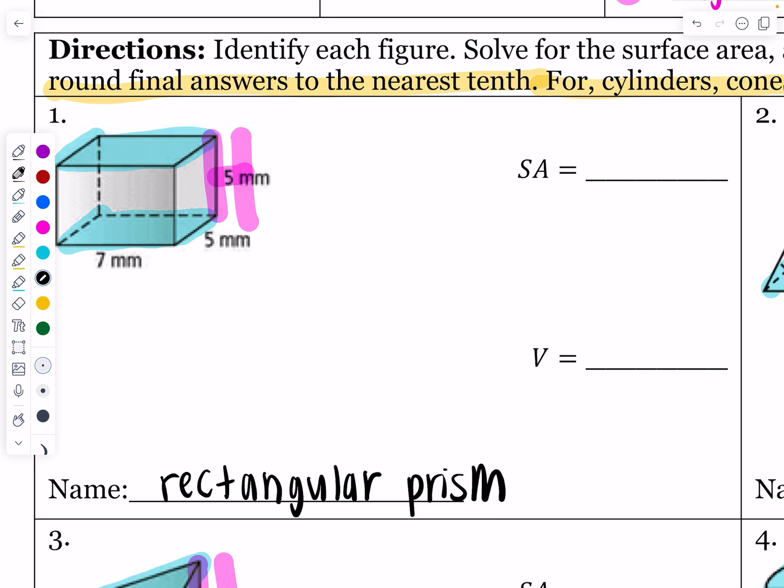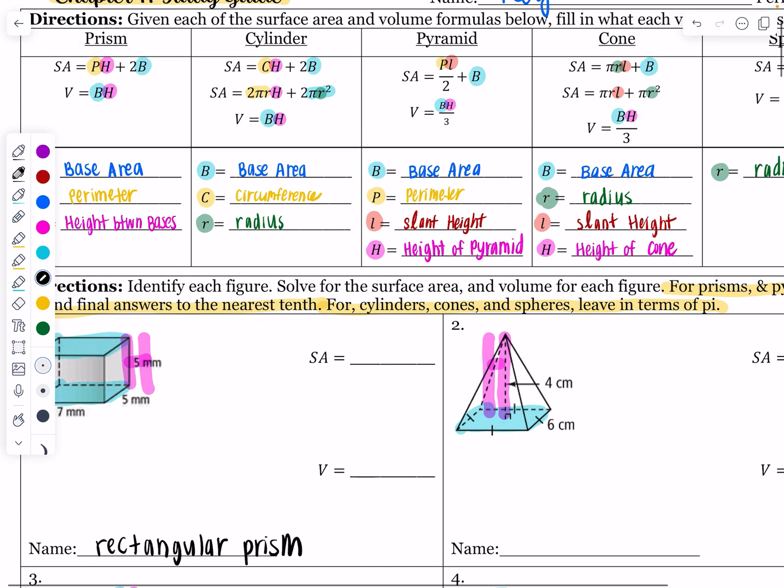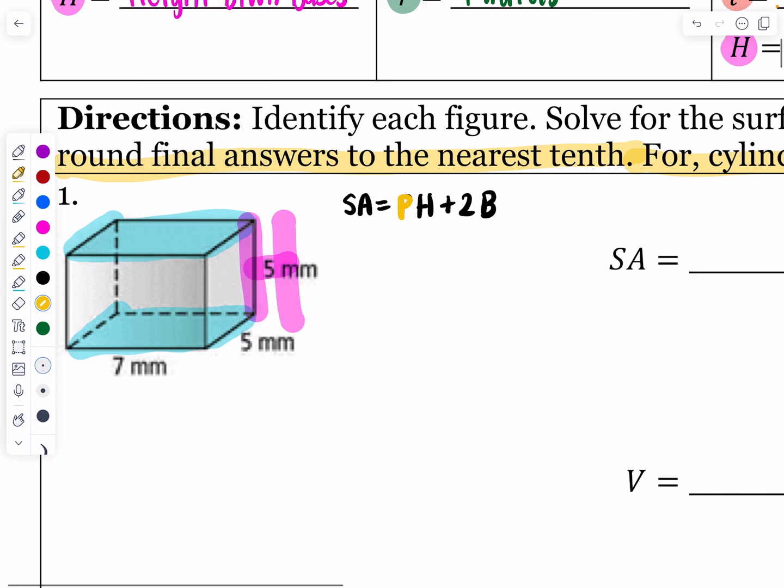The first thing I'm going to do is write down my formula for surface area. The surface area of a prism is pH plus 2B. So surface area equals pH plus 2B. It's all about the base. When we say P, we're talking about the perimeter of the base. So I'm going to trace that. This would be 7, 5, 7, and 5.